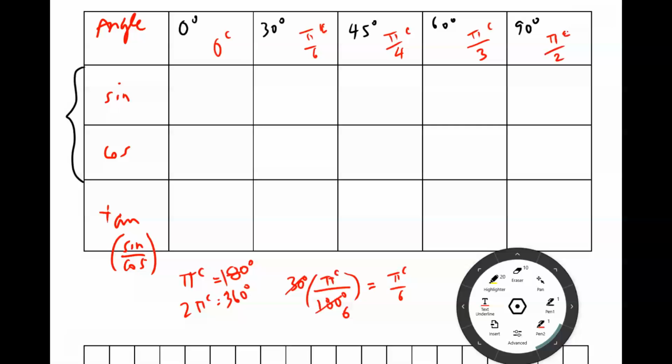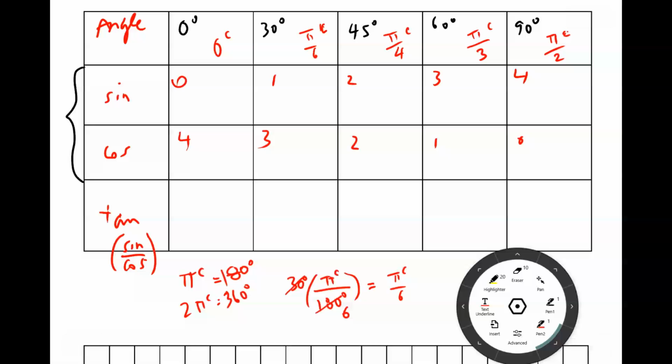The sine of 0, 30, 45, 60, and 90 has a pattern. That pattern is, I'm going to write 0, 1, 2, 3, 4. And cosine would be backwards: 4, 3, 2, 1, 0. Put the 0 here.